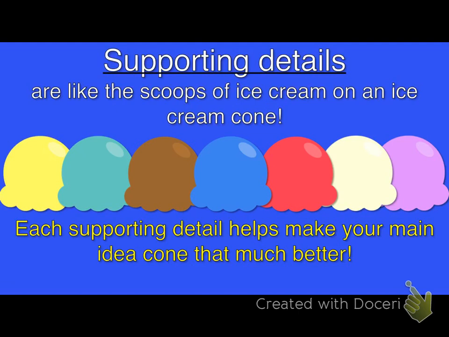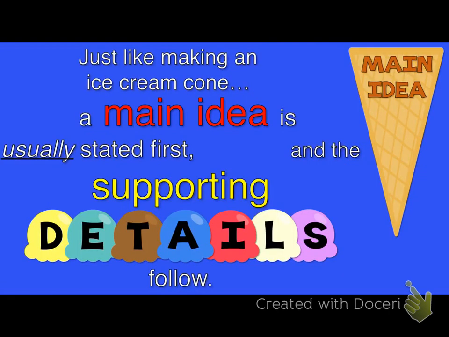Each supporting detail helps make your main idea cone that much better. Just like making an ice cream cone, a main idea is usually stated first, and the supporting details follow.